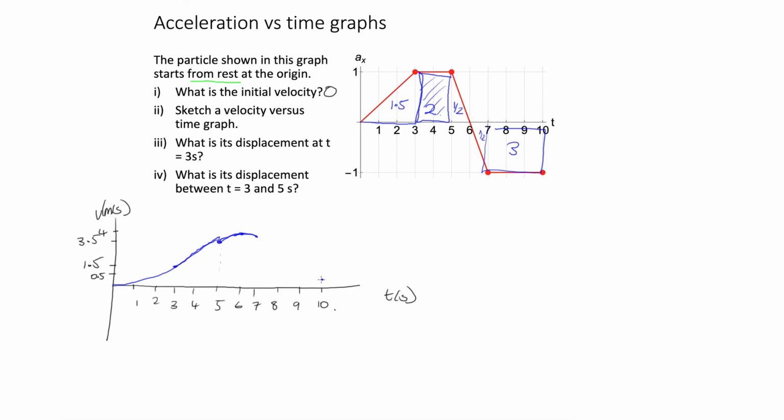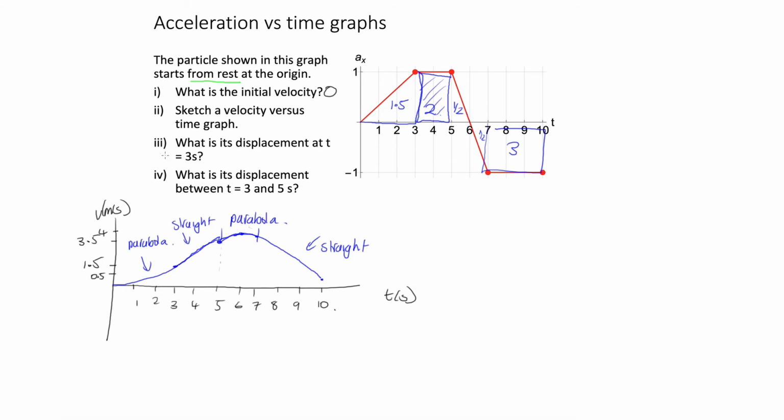So this point here is at 0.5, and that's a straight line. So straight, and here we've got a parabola, and this is straight, and this is a parabola. Sorry about my drawing skills.